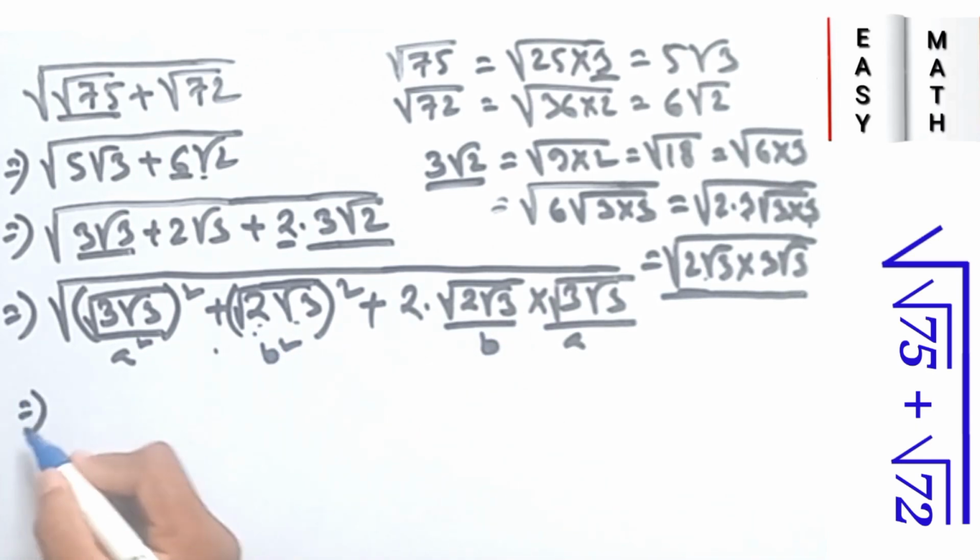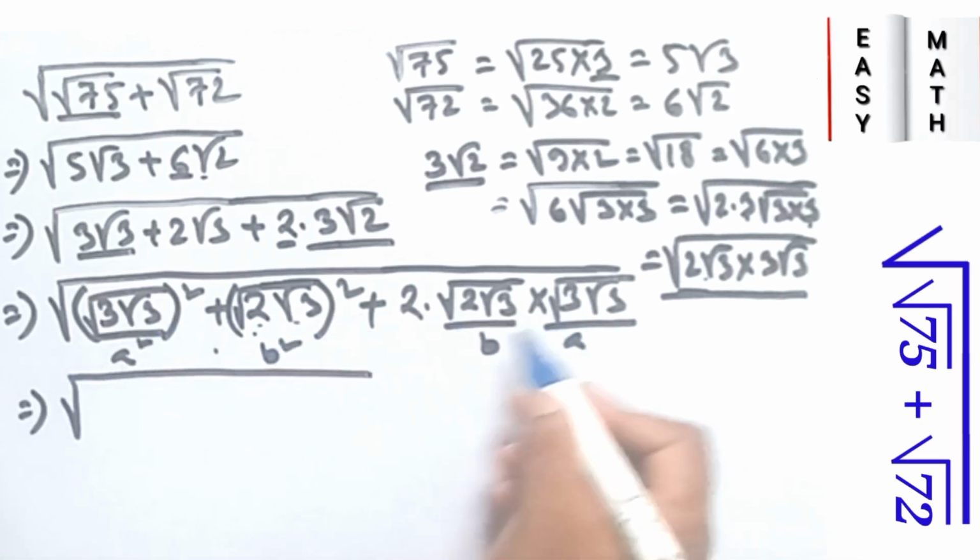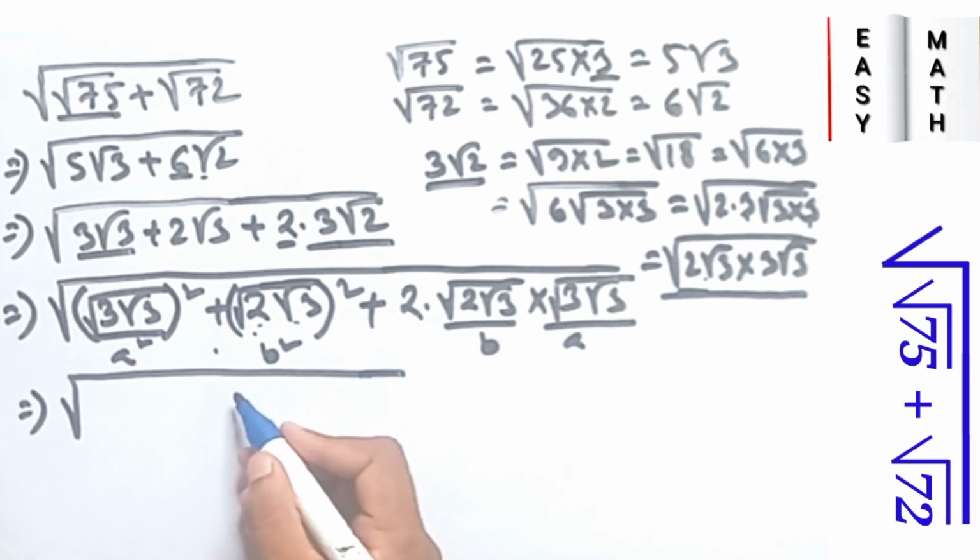So there is the formula, a plus b whole square.